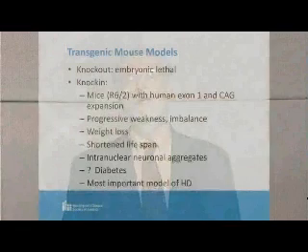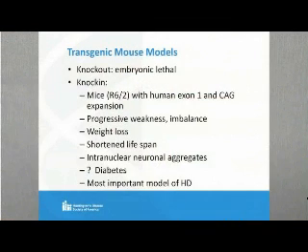If, however, you have a normal mouse that you insert the abnormal human gene into the mouse's gene, the mouse survives, but it develops disease. One of these is called the R6/2 mouse. It has the human exon 1 with the CAG repeat expansion in the mouse gene.